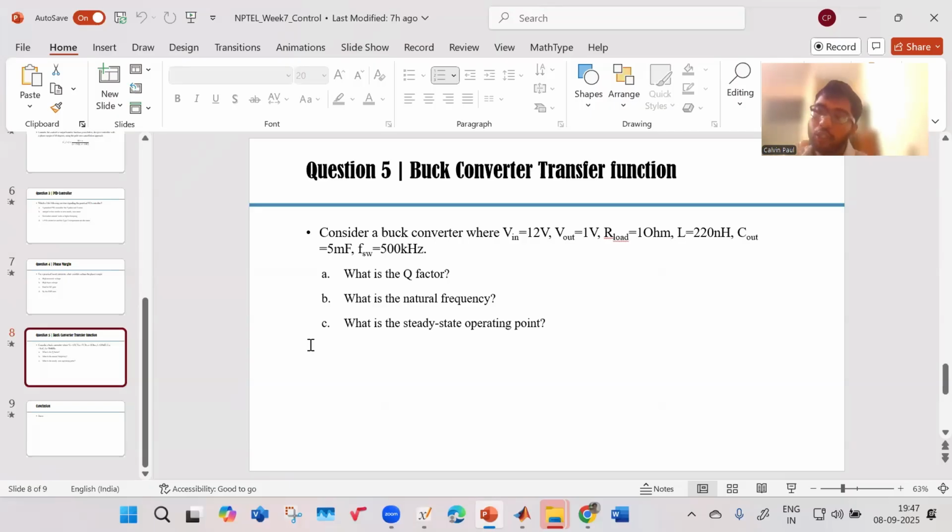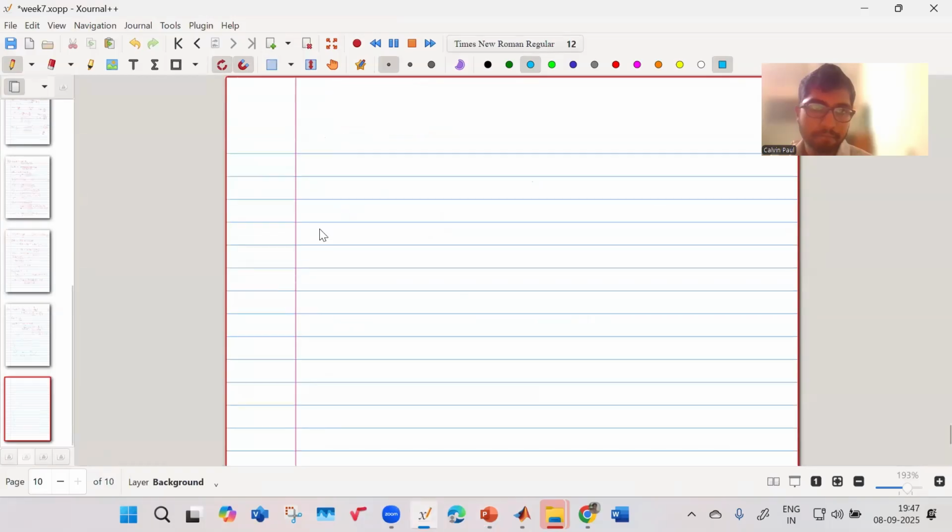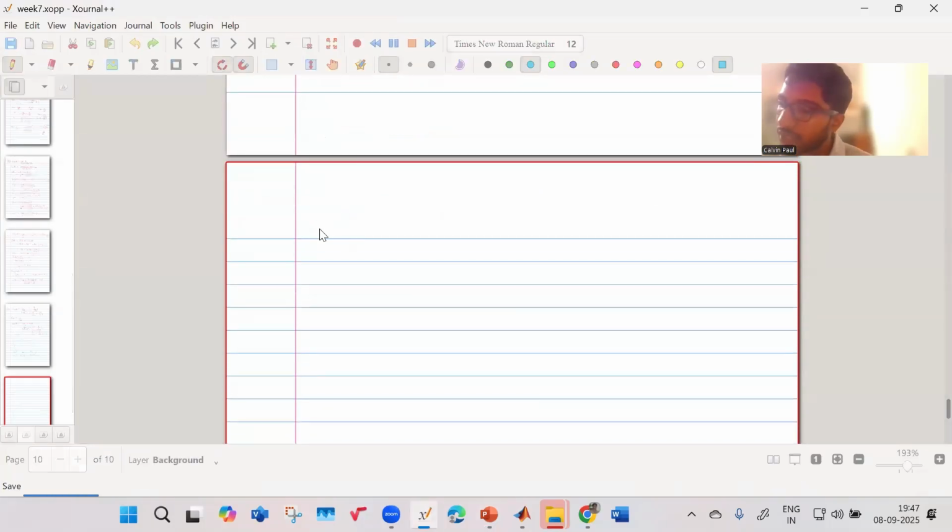So what is the formula for Q? Let me write here. R by ZC. So question 5, buck converter. Q is R upon ZC, that is R into square root of C by L. Your R is 1, C is 5 millifarad, and L is 220 nanohenry.